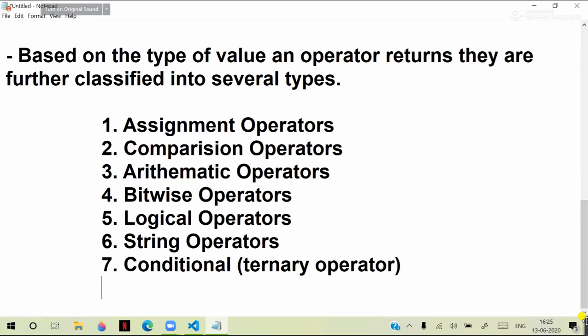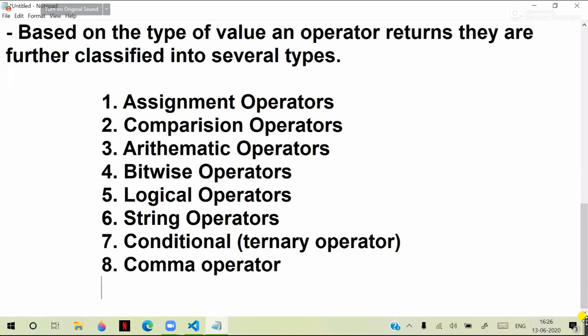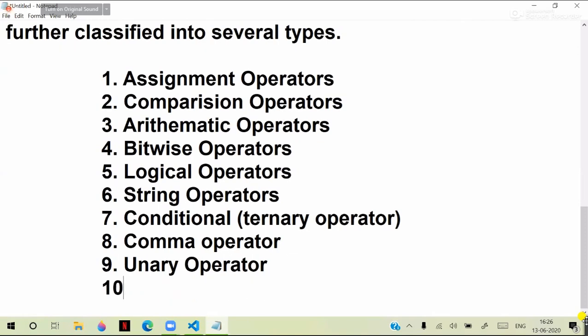And it is an operator, right? And we have the comma operator. So technically we have another unary operator, and we have a relational operator. These are all different types of operators you are having.